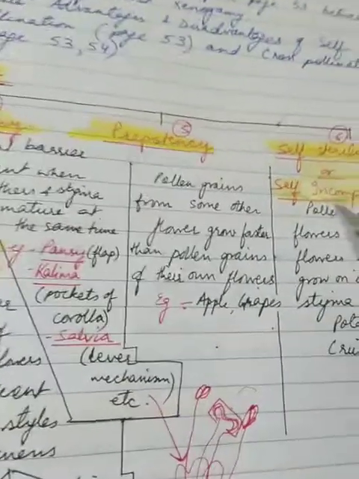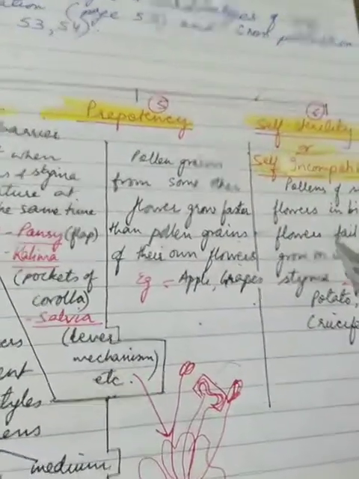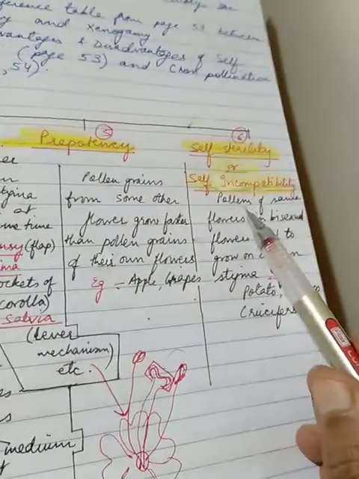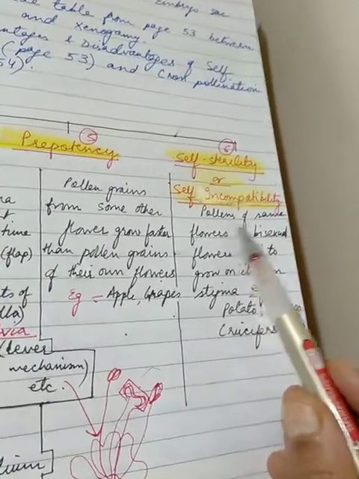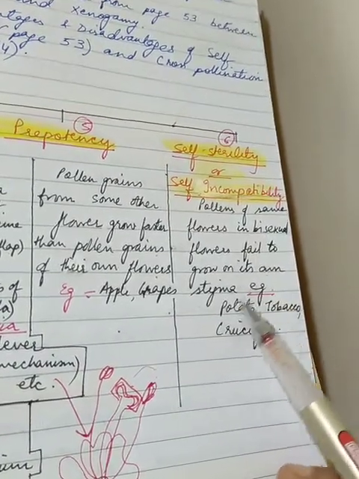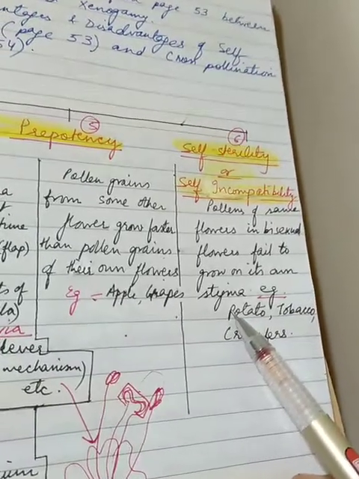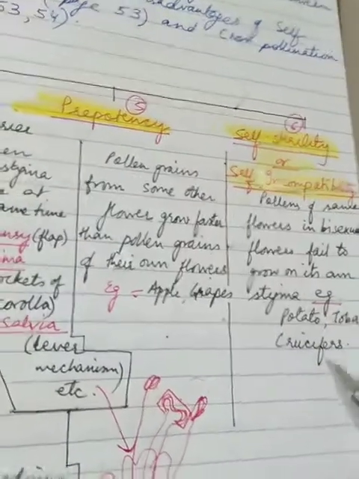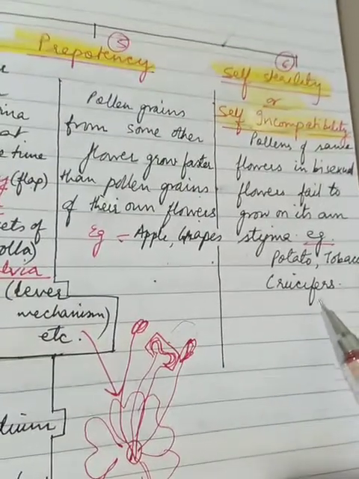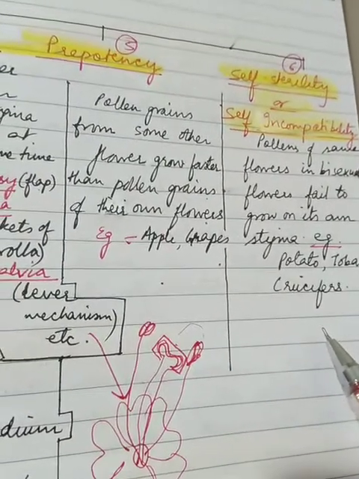Then finally, the last contrivance or obstacle is self-sterility. This is when the pollen of the same flower, in a bisexual flower, fails to grow on the stigma. The reasons may be internal. They could be anything inside the flower, so that its own stamens' pollen will never grow as a pollen tube on the same stigma.